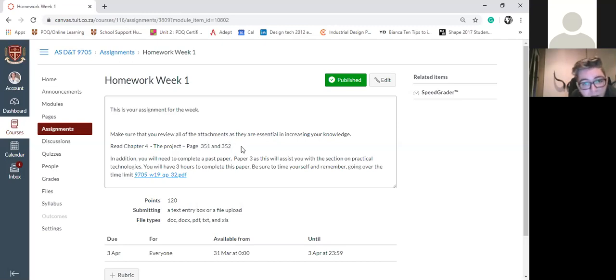Chapter 4, the project. That's for the coursework. You must look at the past paper, where there are things relevant that you can use in your coursework.